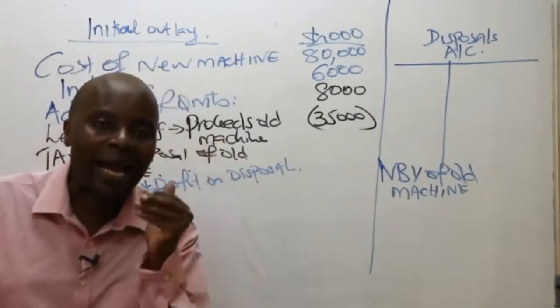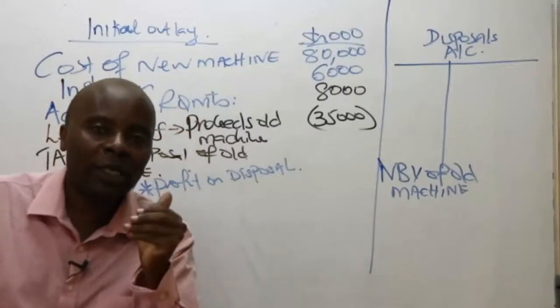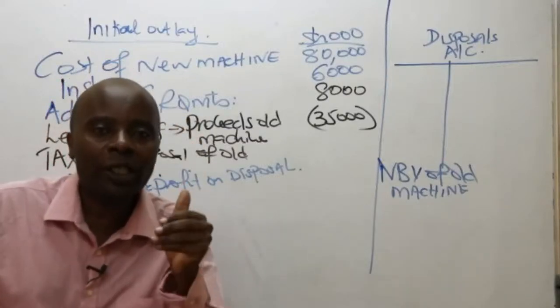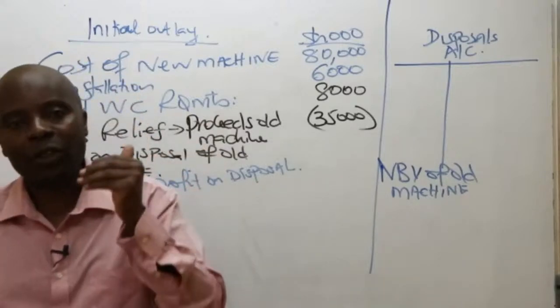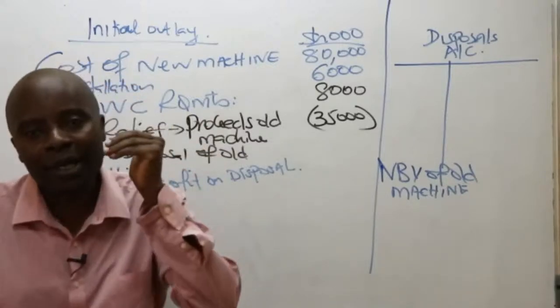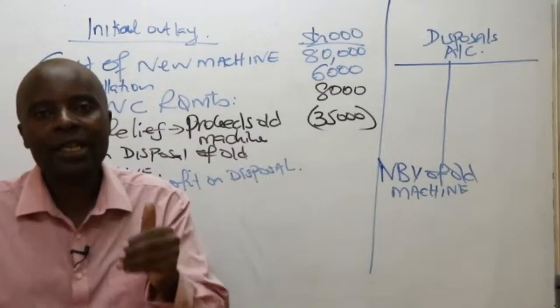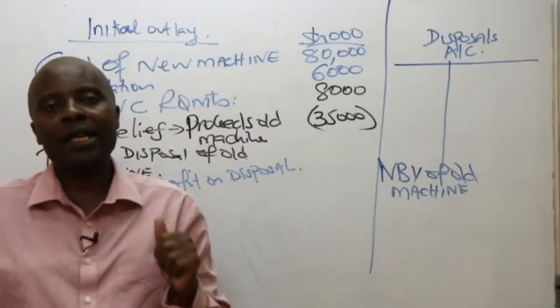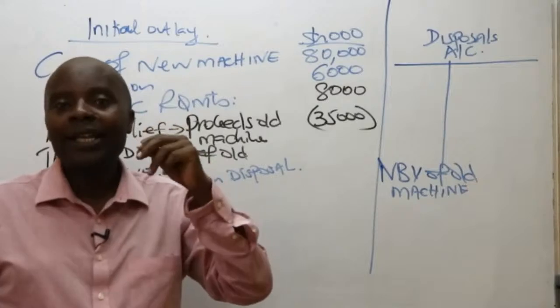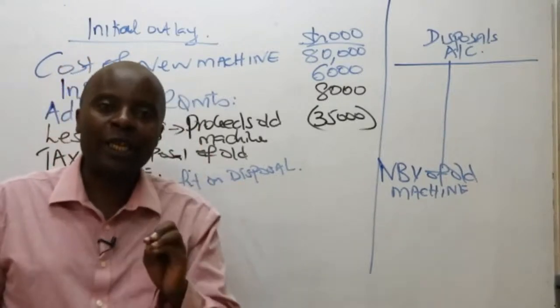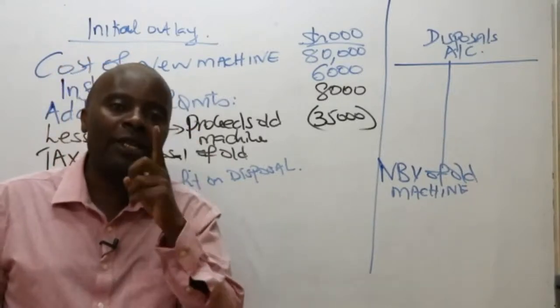What they have done, for them to have gotten the correct net book value, first of all, they got the accumulated depreciation. And remember, they have told us to make use of straight line. So what they've done is to get, for the old machine, the depreciation for 1 year.